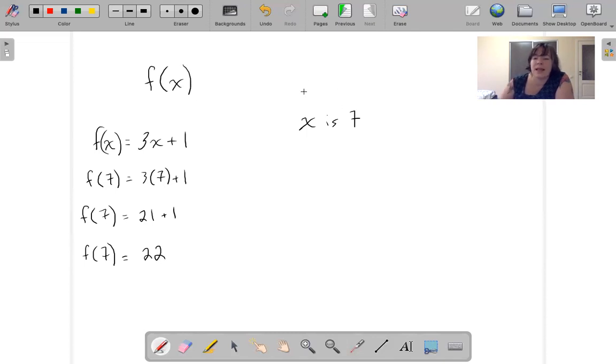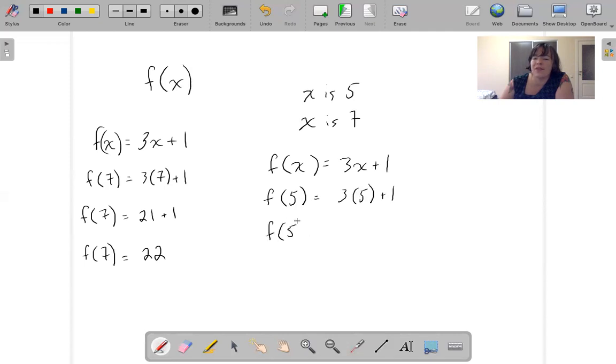Let's say x is 5. Use the same one. F of x equals 3x plus 1. And now x is 5. F of 5 equals 3 times 5 plus 1.